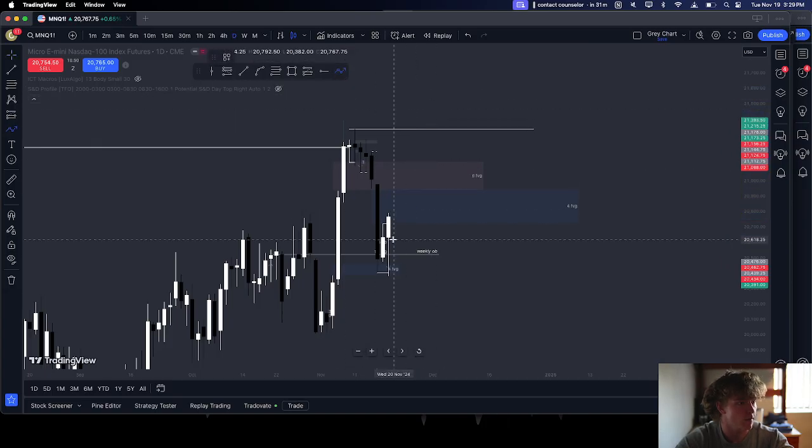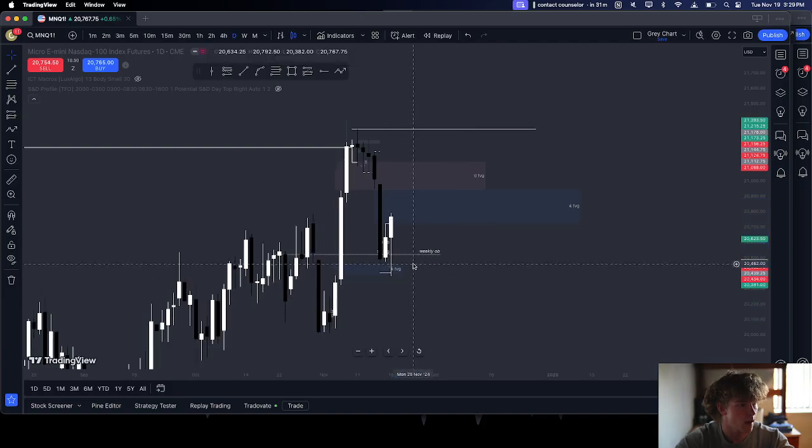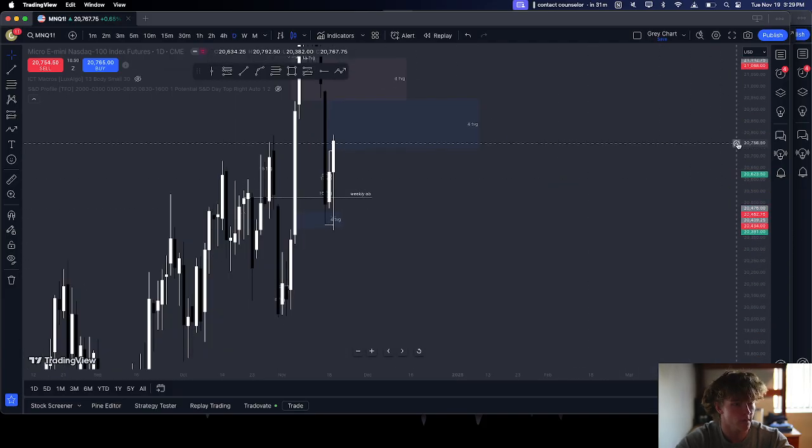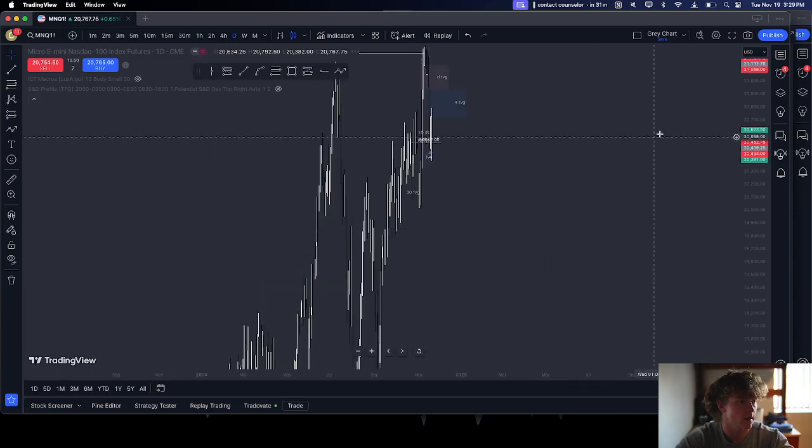Now, if we do something like this, close in it and then do one of these, then I'm most likely going to either see this, where we take that high and then come down, or we just fill a fair value gap right here and then shoot back down. But right now I'm looking bullish.